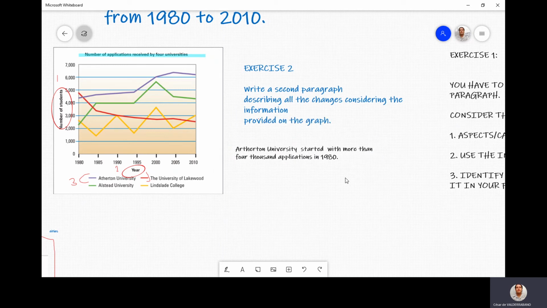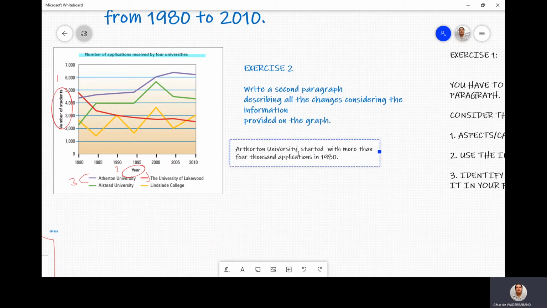And if we want to contrast the information, for example, Atherton and the red one, the University of Lakewood, both universities started with more than 4,000.